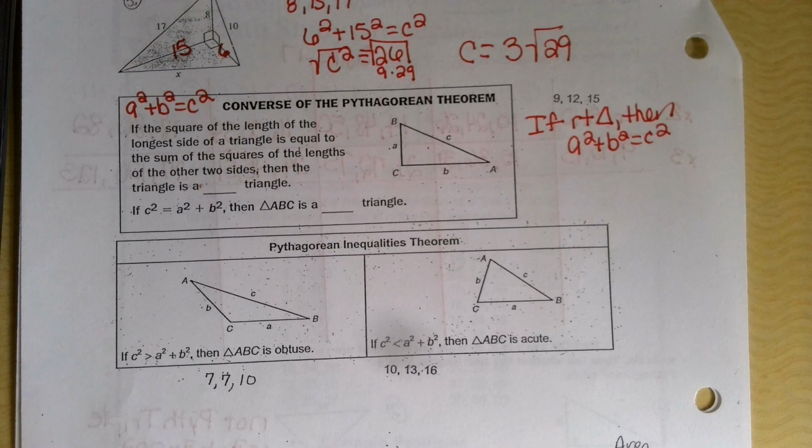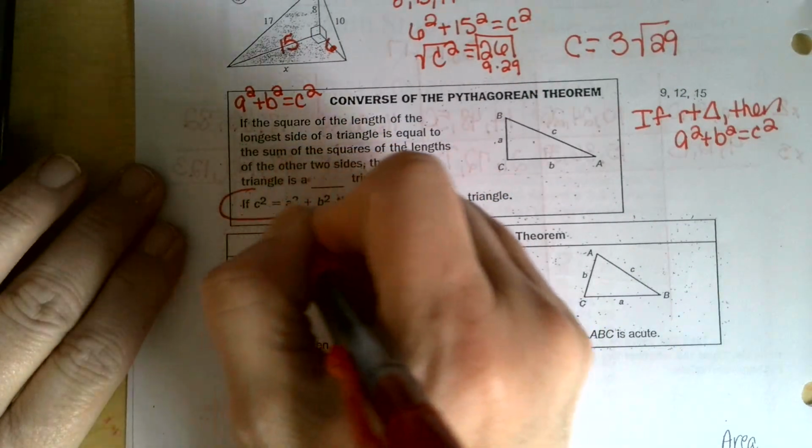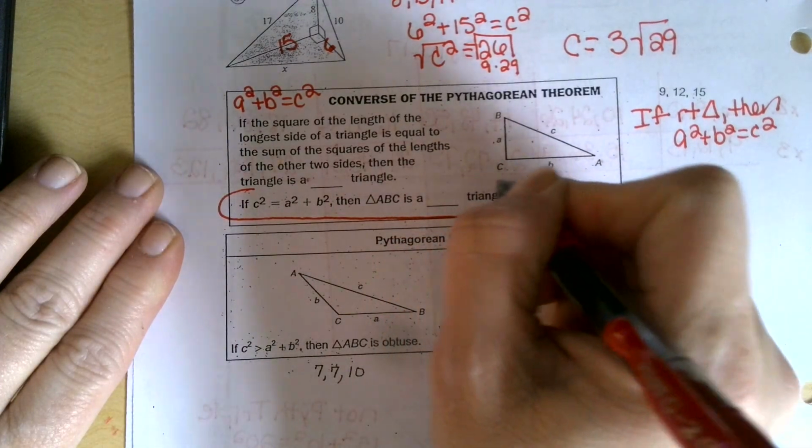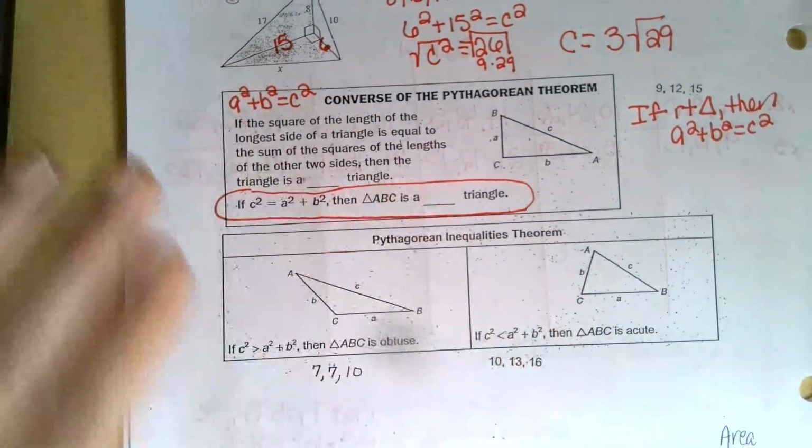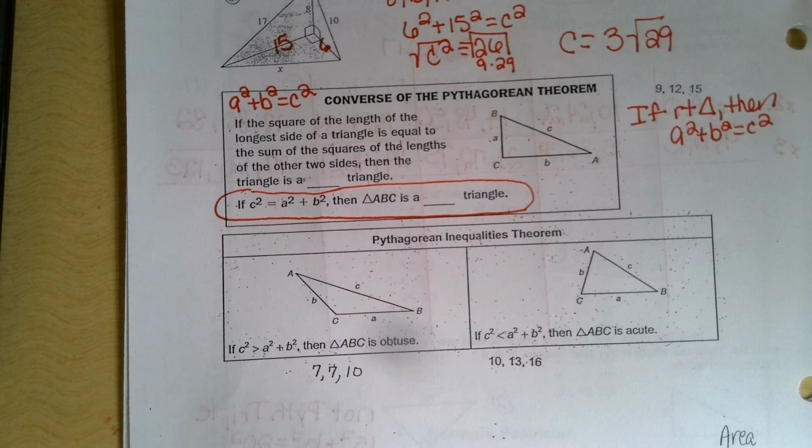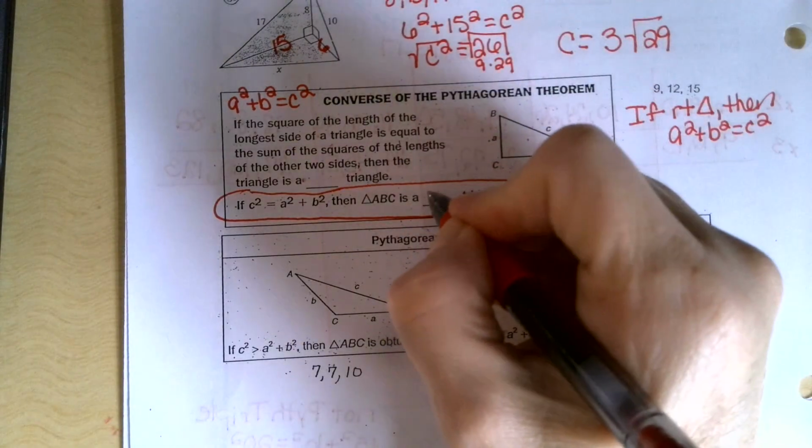Okay, so the converse is going to say if c squared equals a squared plus b squared, please notice that it's written backwards, then triangle ABC is a right triangle.